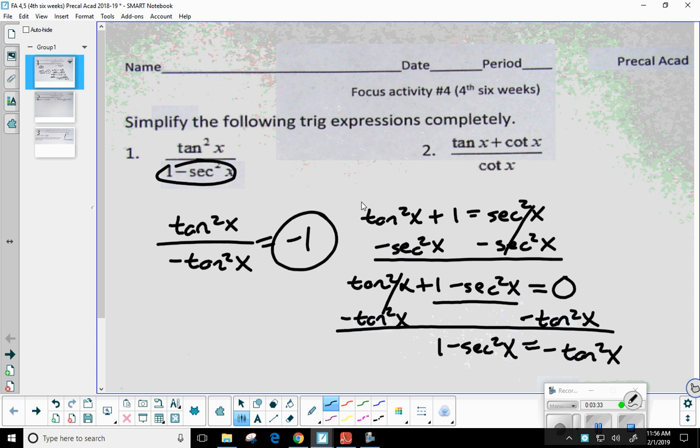Questions? No? All right. Number 2, tangent of x plus cotangent of x divided by cotangent of x. You mean go ahead and pull out, like factor it out as a GCF?